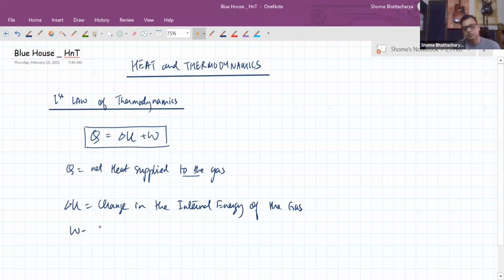And W is equal to the work done by the gas.